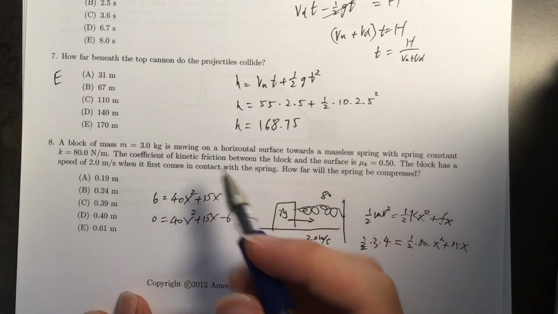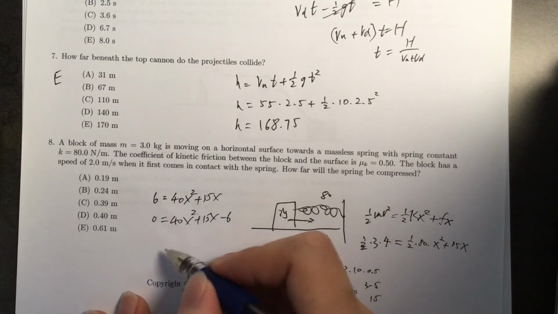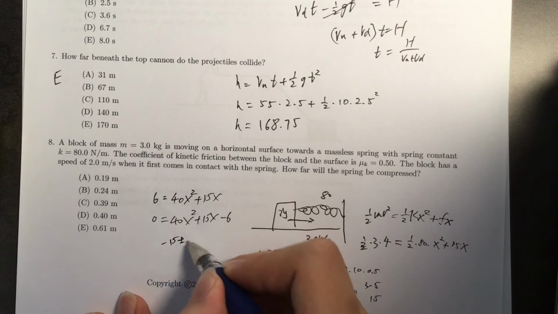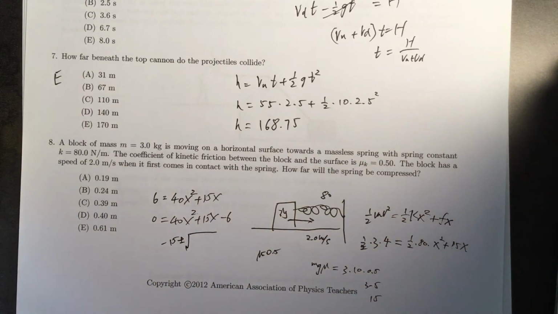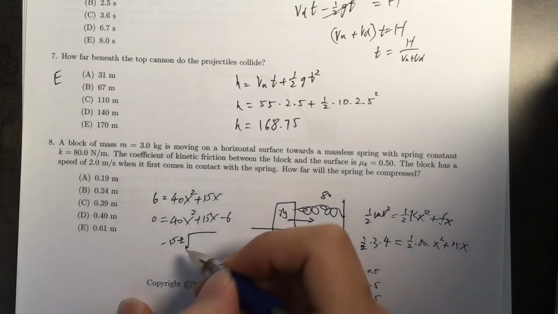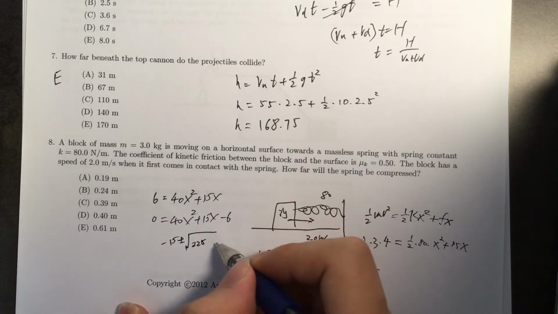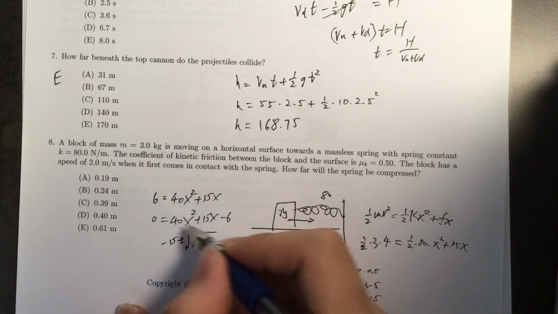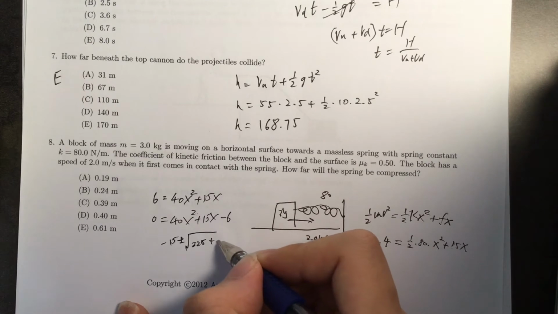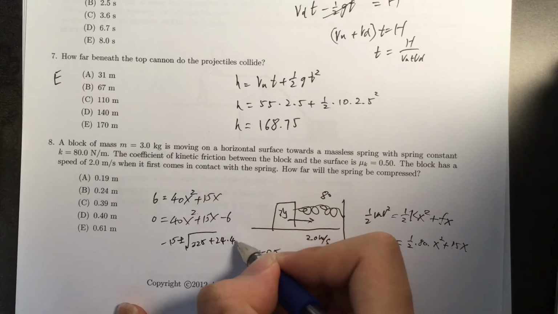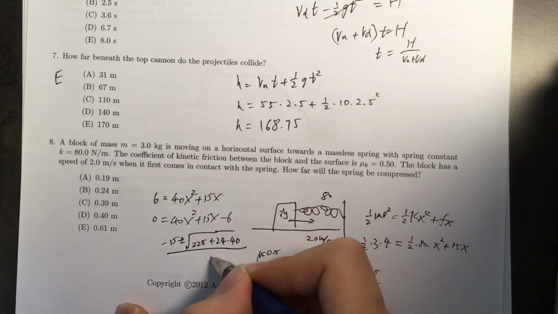And then we use our quadratic formula. Negative 15 plus or minus the square root of 15 squared, what is that? 225, minus the minus 6 times 4 times 40, which is plus 4 times 6, 24, times 40, divided by 80.